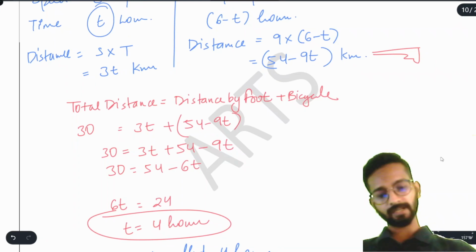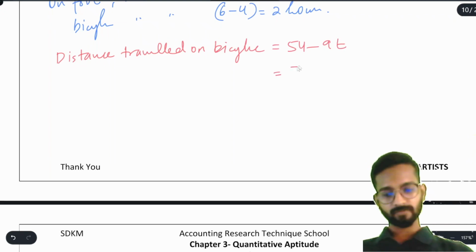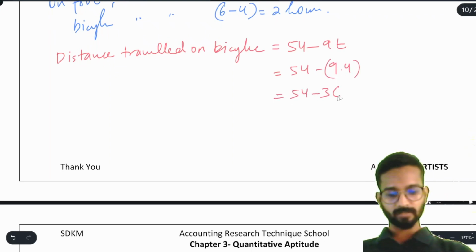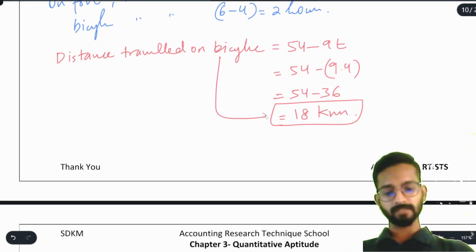We can directly put the t value there. 54 minus 9t. t value is 4. 54 minus 9 fours are 36. 54 minus 36, that is 18 kilometers. This is how much you have traveled on bicycle.